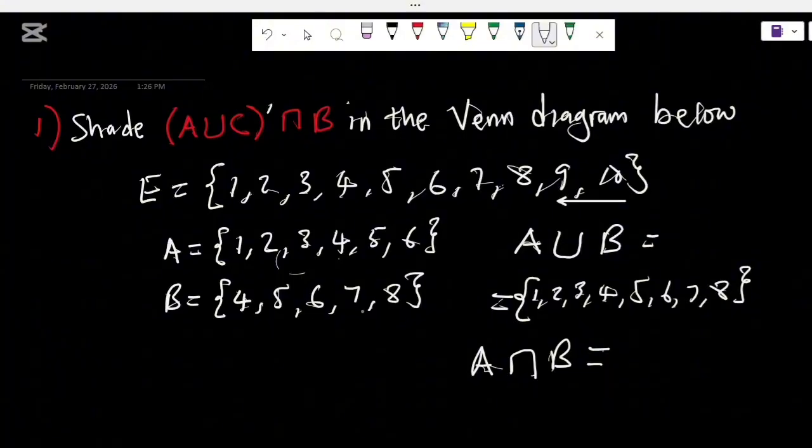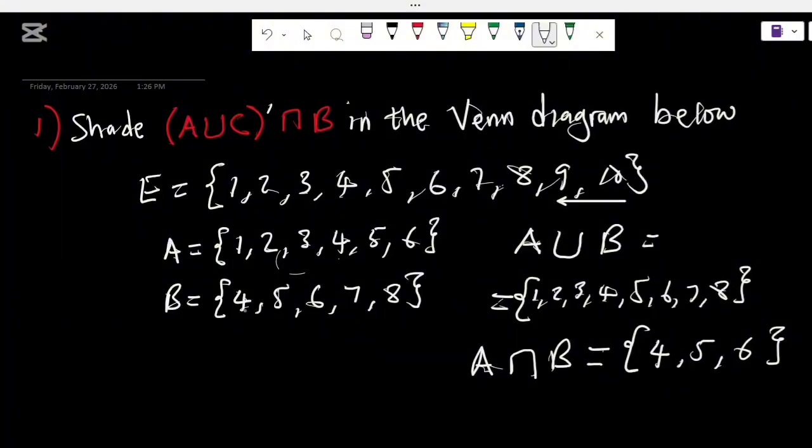And 6 included, because 7 and 8 are not part of set A. So we can safely say that the elements 4, 5, and 6 are the ones which are forming this intersection, because we're talking about the elements that are both in set A and set B. They are common in set A and in set B. So that's how we try to deal with problems dealing with union or intersection.